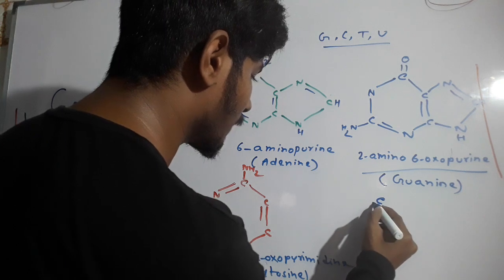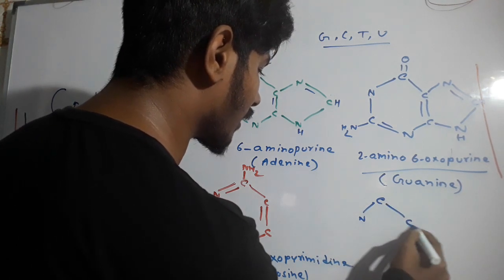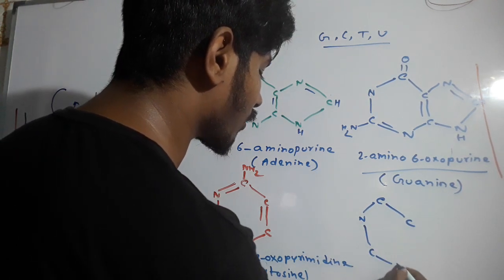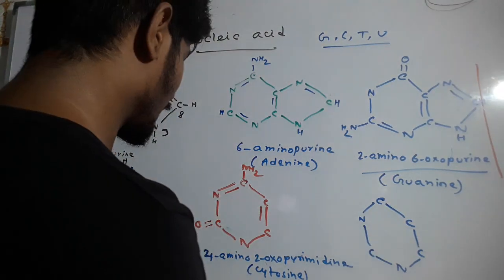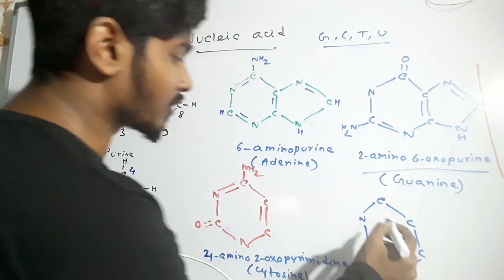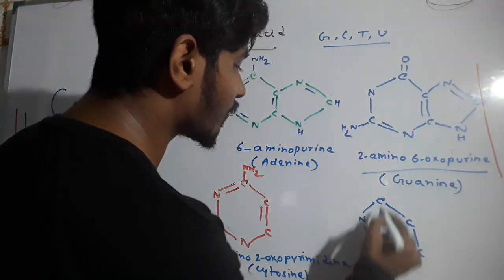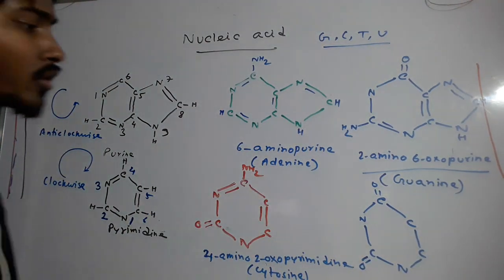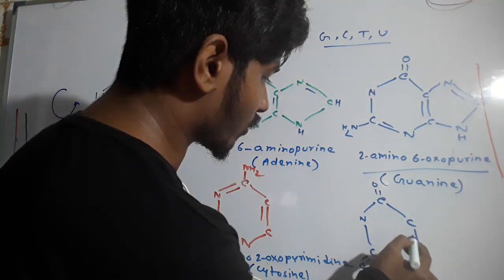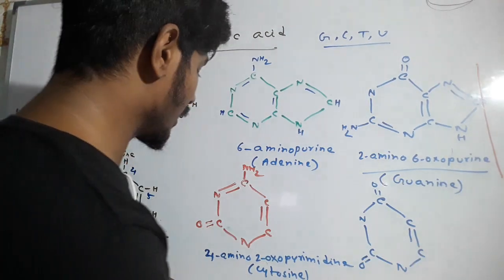Now we will draw the structure of uracil. So here is carbon, nitrogen, again carbon, nitrogen, again carbon, nitrogen, okay. So the structure of uracil is very simple. In the 2nd and 4th position we have 2 oxygens, okay. So we will have only 1 double bond here.